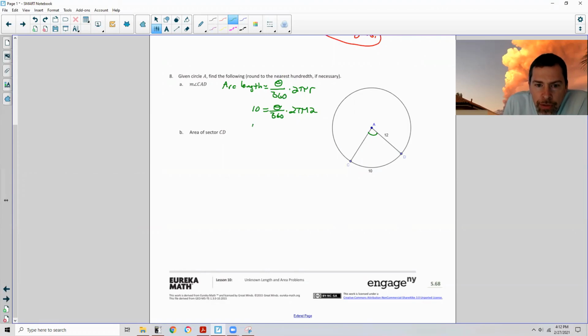So 10 equals theta over 360 times 24 pi. I'm going to divide both sides by 24 pi, and that will give me theta over 360 equals 10 divided by 24 pi.